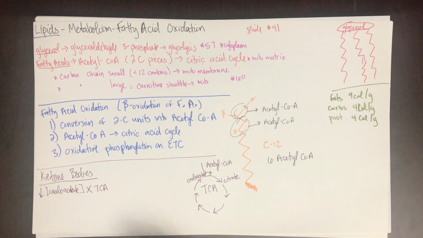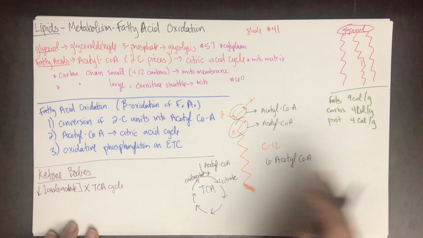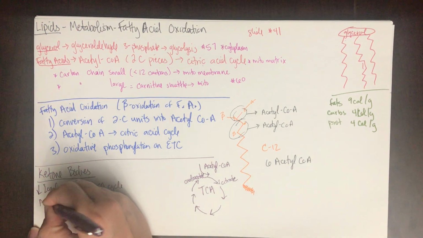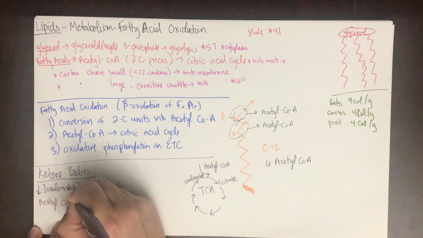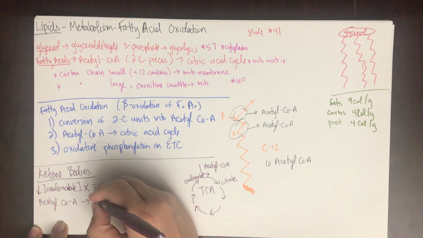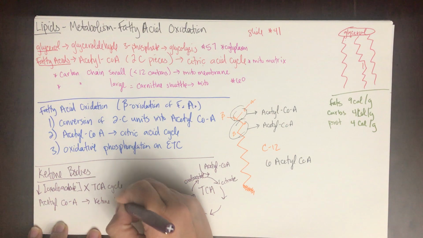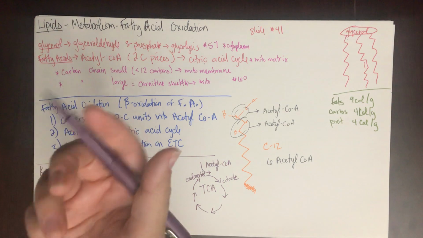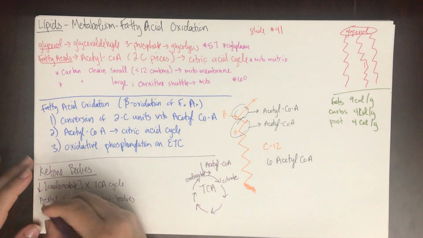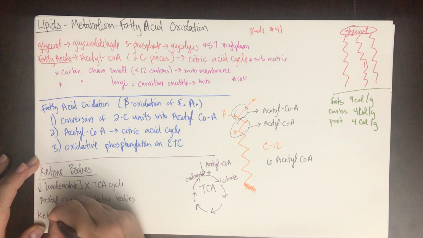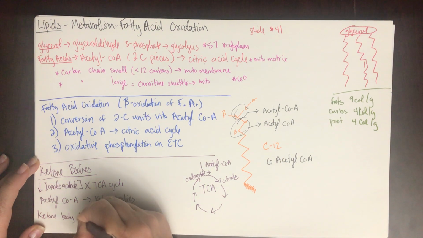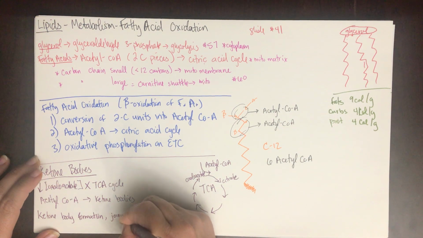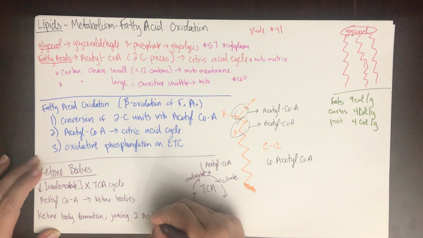It'll stop the TCA cycle. When the TCA cycle is stopped, acetyl-CoA will be converted into something called ketone bodies. The first step of forming ketone bodies is joining two acetyl-CoA subunits.